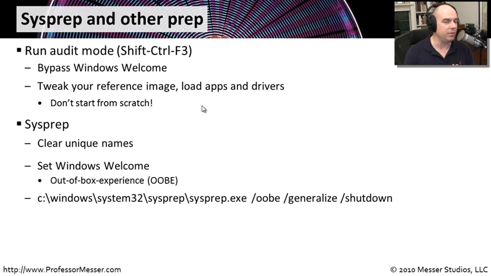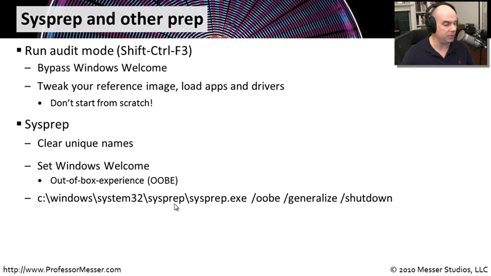Now, there's also some other things you can do. Once you've made all of those changes, you want to refresh the image. You want to do something called a Sysprep, where you're clearing out unique names, other configurations. This is if you have made extensive changes to the image and you really would like to get it back to that open, fresh image that you had with that out-of-box experience. And the way that you do that is to run Sysprep.